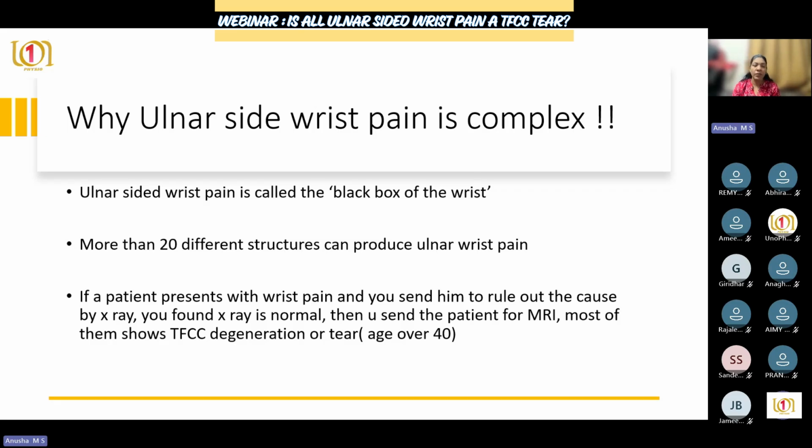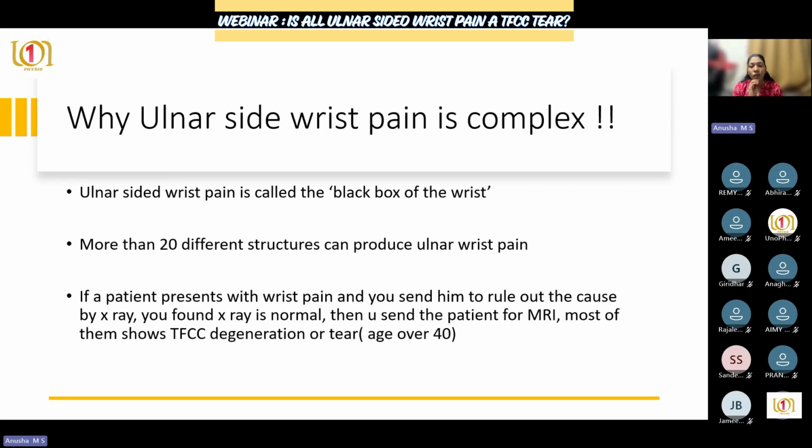Then you send that patient for an MRI. In most cases, there can be TFCC degeneration in patients above 40 years of age. But that doesn't mean that TFCC degeneration is the cause of wrist pain. So we will dive deep into the topic.